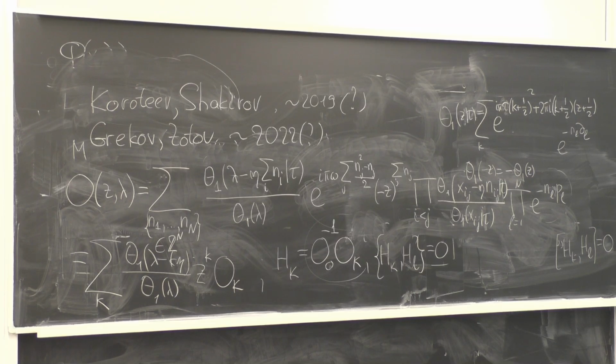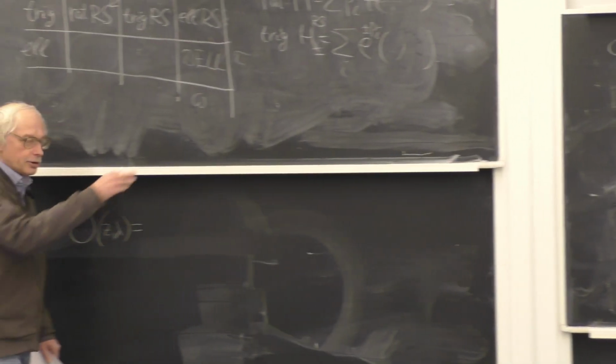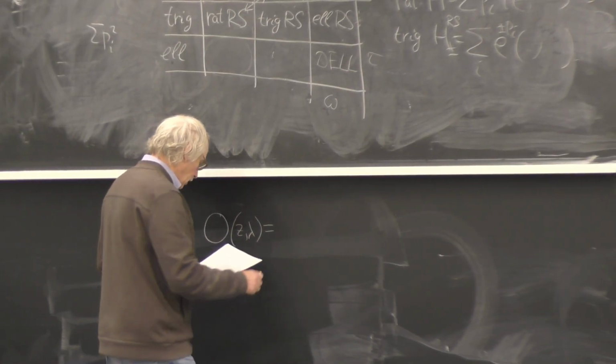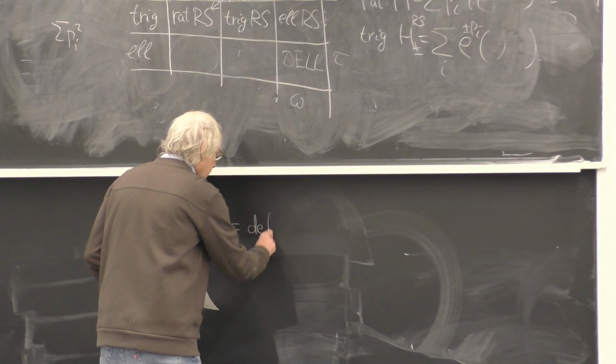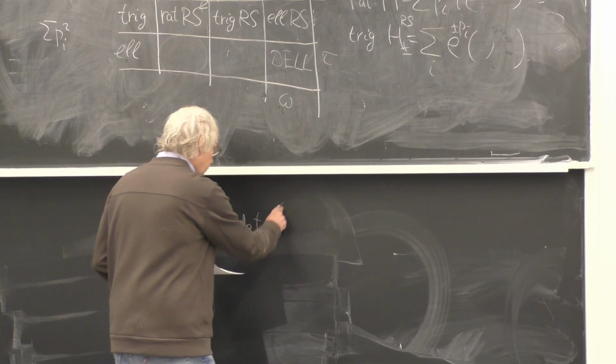The generating function of these Hamiltonians, this is a result of Grekov and Zotov, can be written as the following determinant.